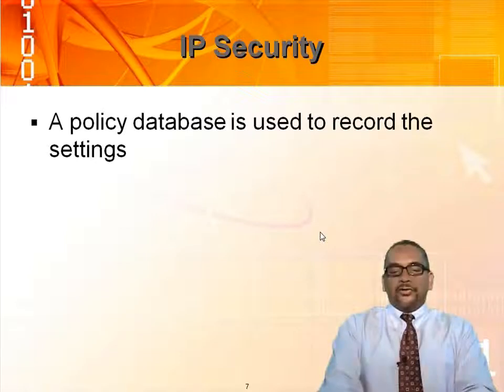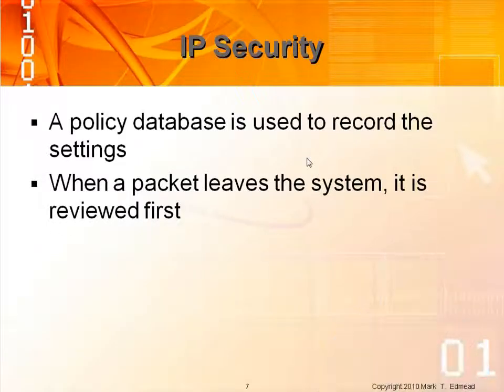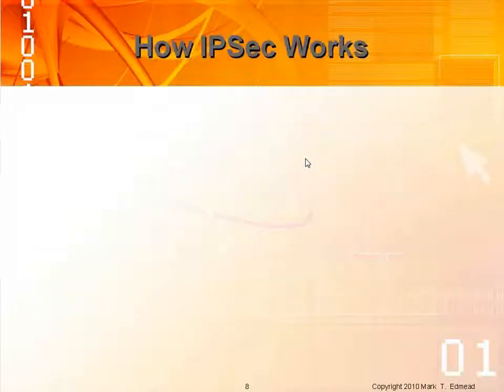IP security uses a policy database that is used to record the actual settings. So when a packet leaves a system, it's reviewed first. Before using IPSec, the policy needs to be created, and sometimes the creation is not very easy. But this is to check the packets going out of the system. Like I said, it's opposite to most firewalls, which check packets coming back into the system.